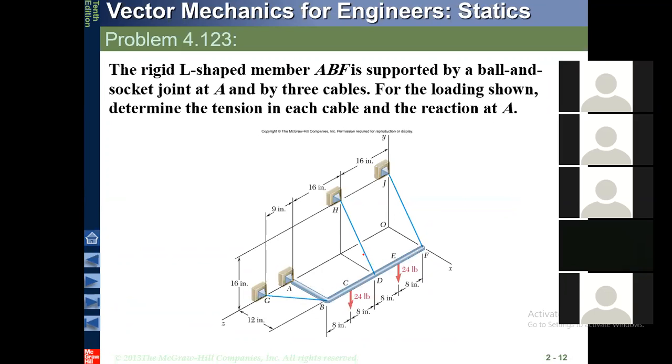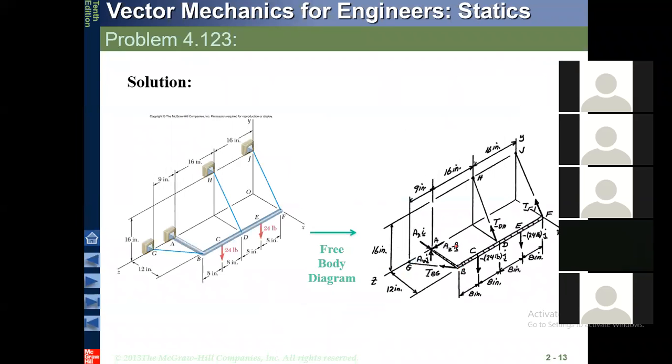So if you draw the free body diagram for this problem, then you're going to have three cable forces, TDH, TFJ, and TBG, with known direction.